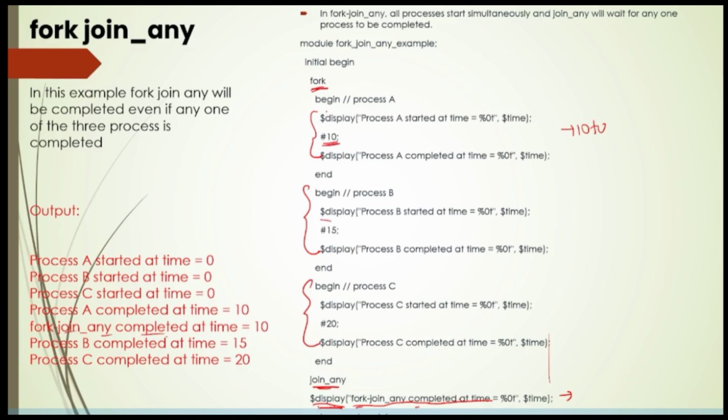Since at least one statement is executed, it comes out of this fork join any block. Even though you didn't mention any time delay for this particular display function, it still has to wait for 10 time units because it is mentioned with fork join any.